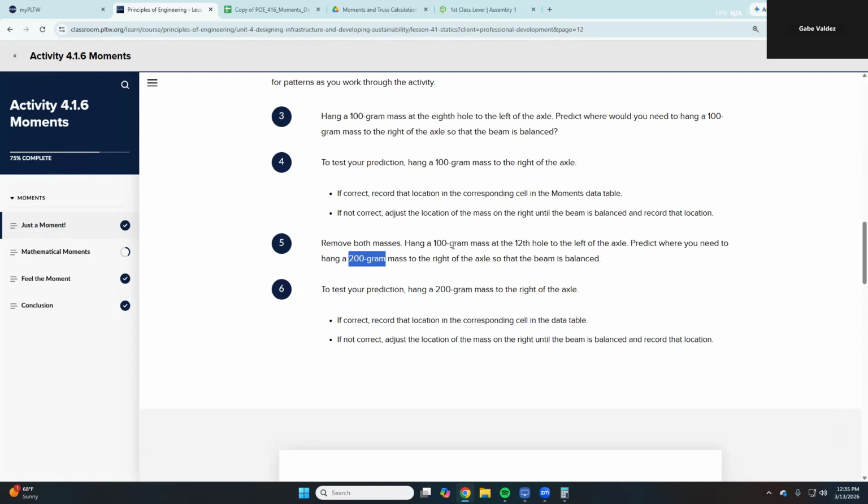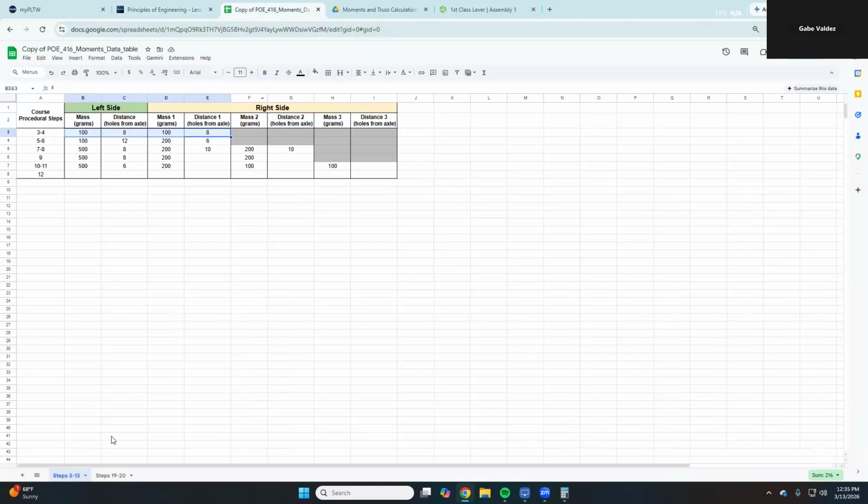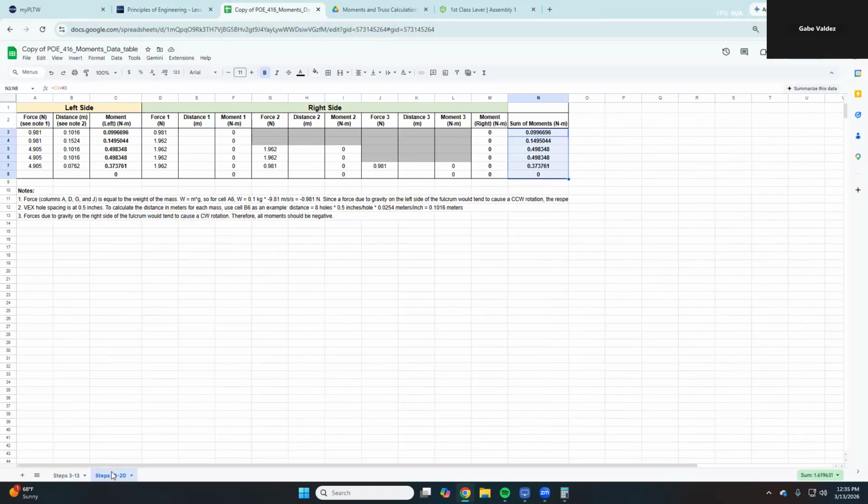Okay, so again, we're using that fake belief unit of gram holes for moment. And that's why in this activity, previously they would take you to the next step and actually have you convert into actual units for moment by converting the masses from grams to newtons and the hole distance from holes to meters.